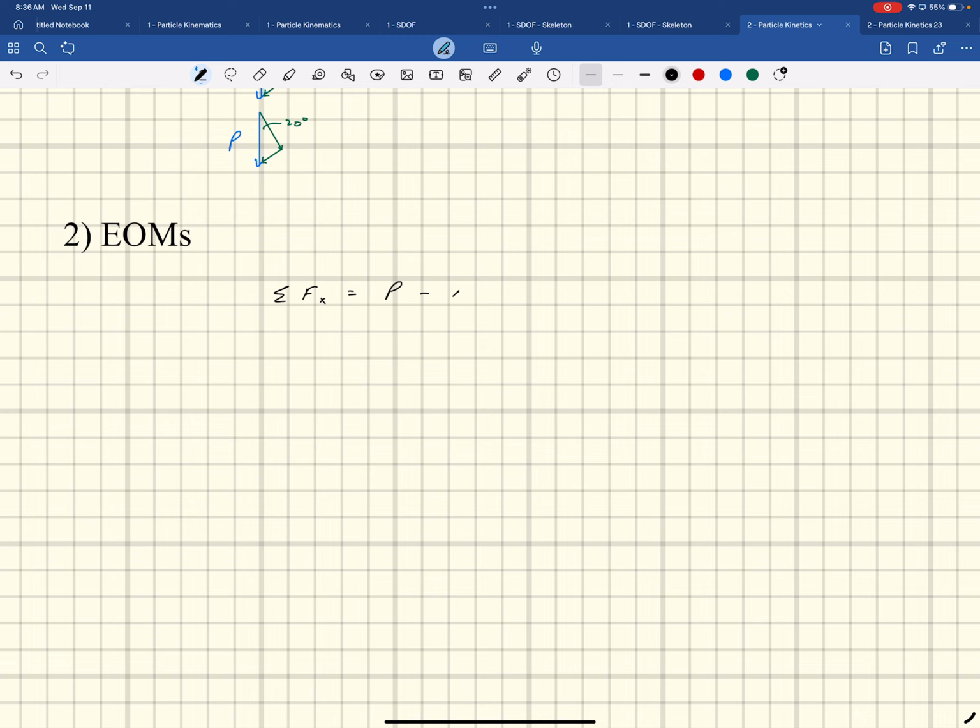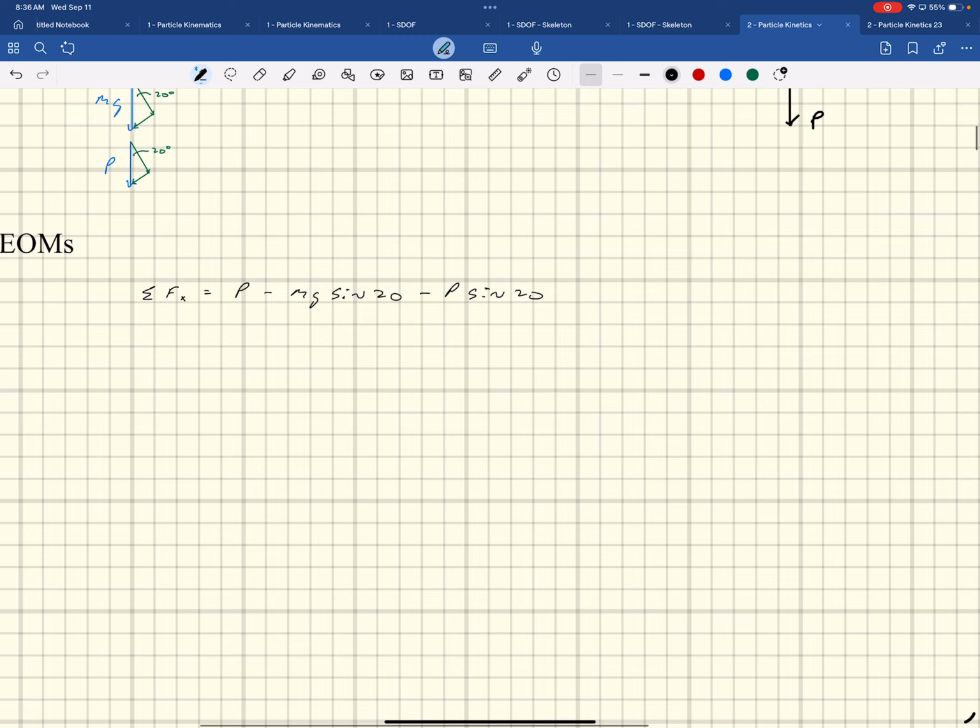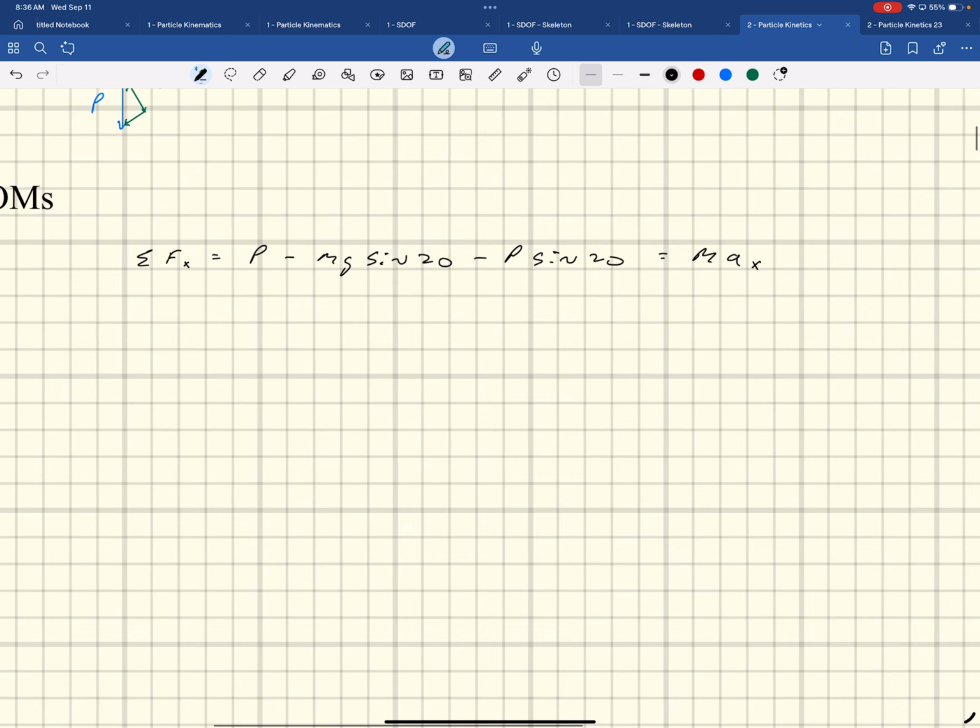P minus mg sine 20 minus P times sine 20 equal to mass times acceleration in the x direction. There's our equation of motion.